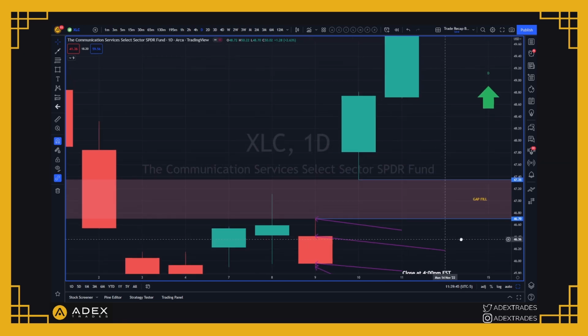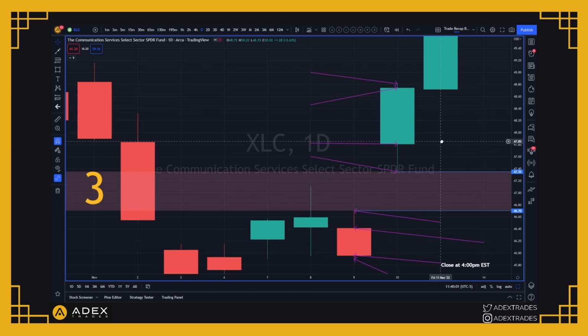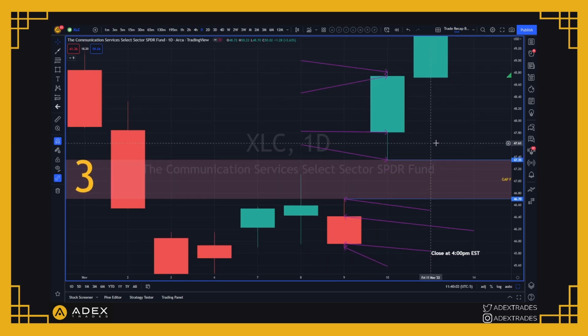All right, now remember, we're going to mark the high, low, open and close as well. Now remember, because this is a green candle, this is where you opened, this is the low, this is the high, and this is where the close was.